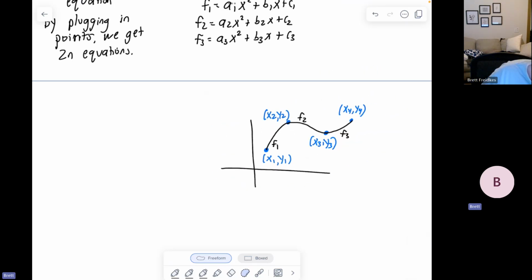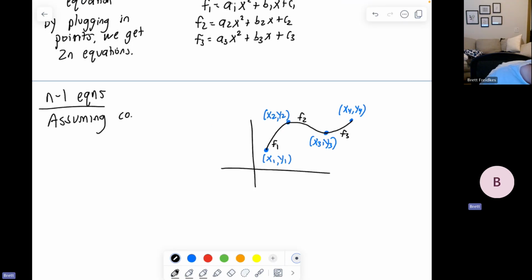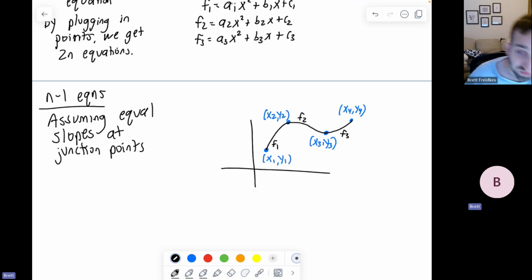Our next group of equations, which will end up being n minus 1, this is assuming equal derivatives or equal slopes at the junction points, basically where they connect.